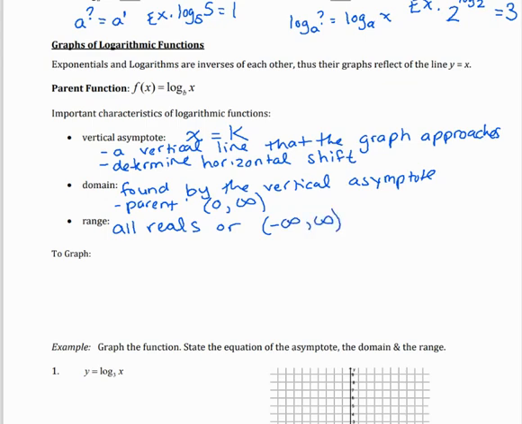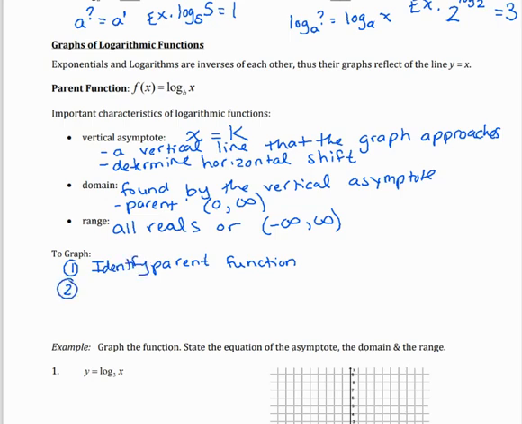All right, now how are we going to graph this? The first thing you're going to do is identify the parent function, the most basic one without the transformations. Okay.